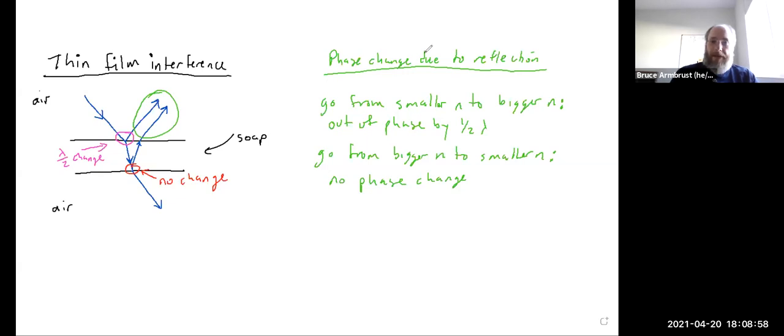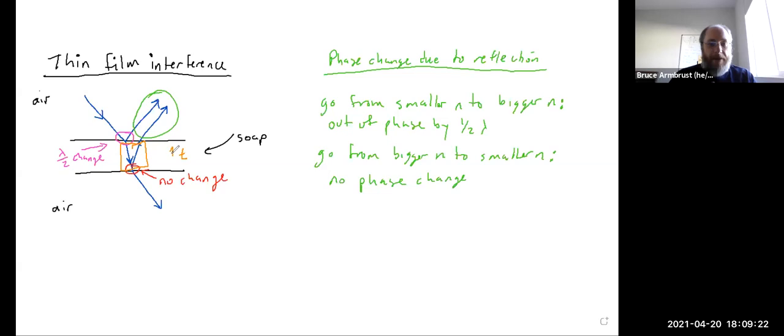So the question then is, all right, well, what else is it that actually matters? Well, it's this piece of the journey, because those two light rays have traveled a different distance.